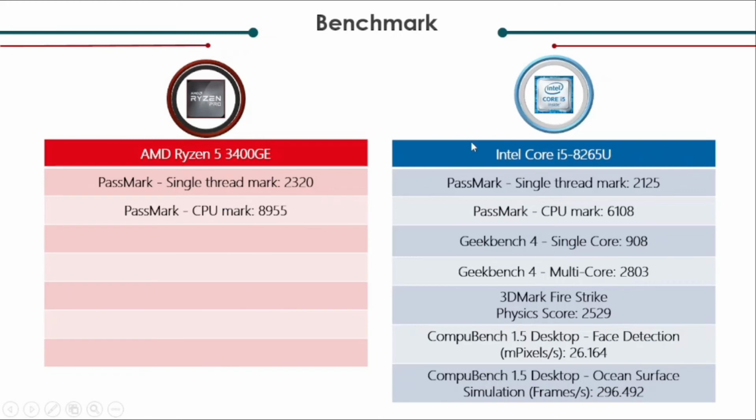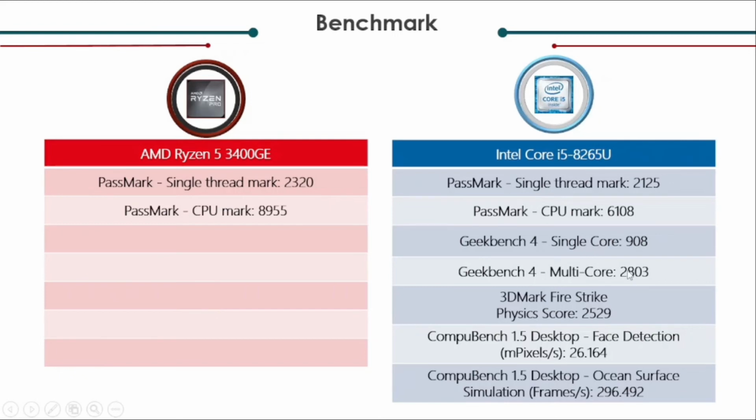Meanwhile, for the Intel Core i5-8265U, the PassMark single thread mark is 2125, and the PassMark CPU mark is 6108. Geekbench for single core amounts to 908, and for multi-core 2803.